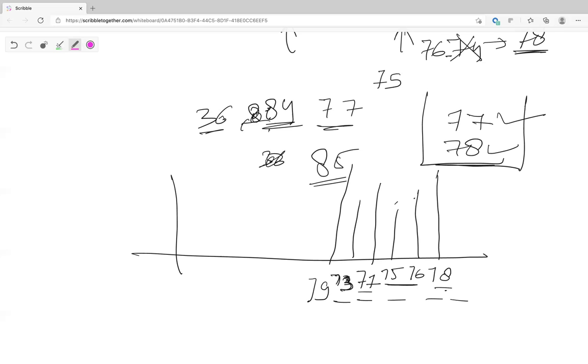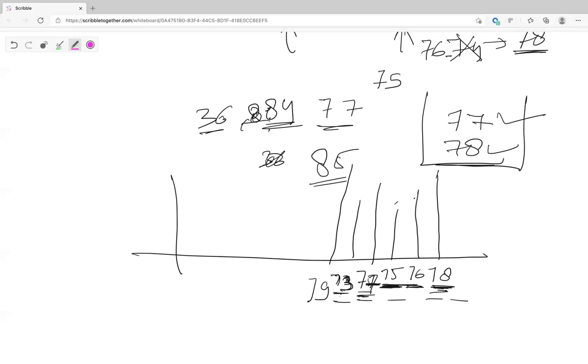Now see here, what is happening? You were storing 78, you stored 76, you stored 75, and as soon as you found a number greater than 75, you removed 75 and 76, right? And you kept 77. So what is the relation between 77 and 78? 77 is less than 78. I think we're preserving the decreasing order.